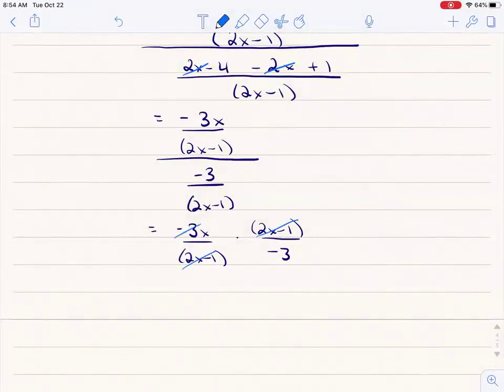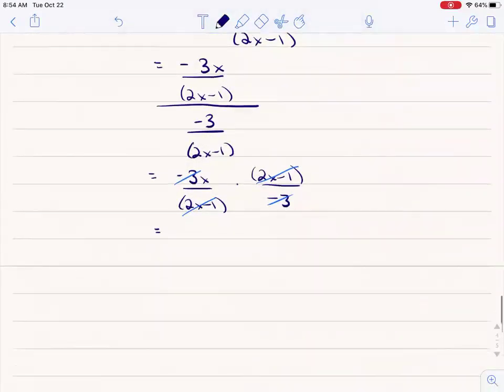And negative 3 cancels with negative 3. And I'm left with, drum roll please, x. All right, we did it. We showed that the inverse that we found is actually the inverse of G.